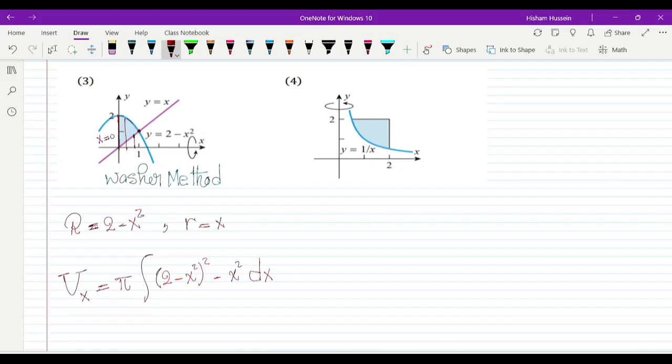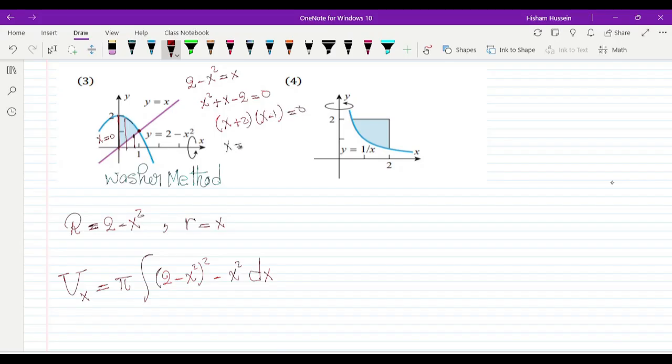Okay, so how do we find the x coordinate of this point? Simply, 2 minus x squared equals x, or in other form, x squared plus x minus 2 equals 0, which is x plus 2 times x minus 1 equals 0.